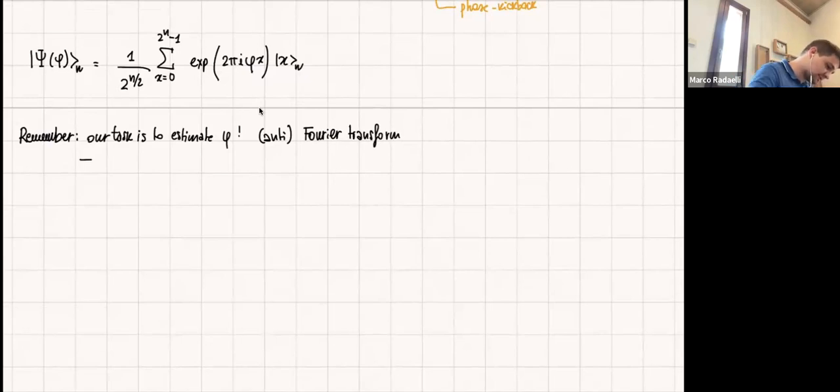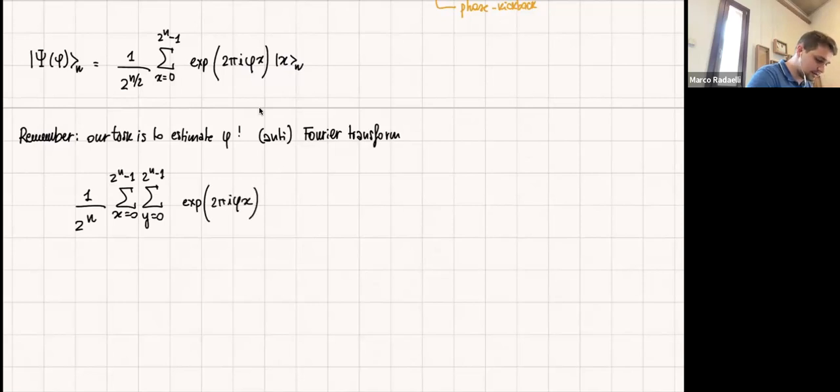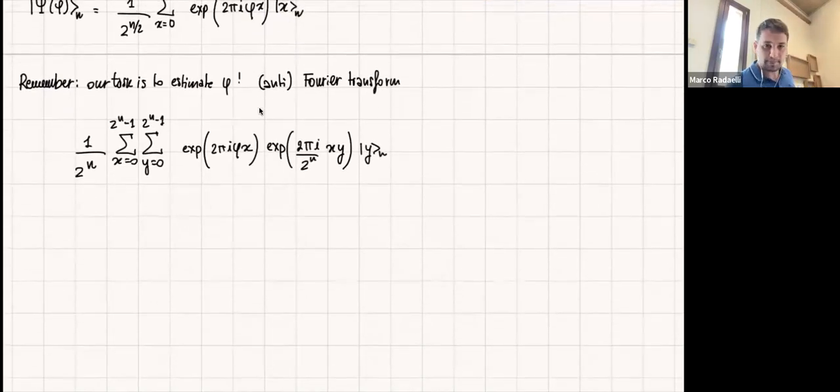The Fourier transform, one second, I've not written it down in my notes, so we'll probably get this possibly wrong: 1 over 2^(n/2), sum over y from 0 to 2^n - 1, exponential of 2πiφx, exponential of 2πi over 2^n xy, |y⟩.